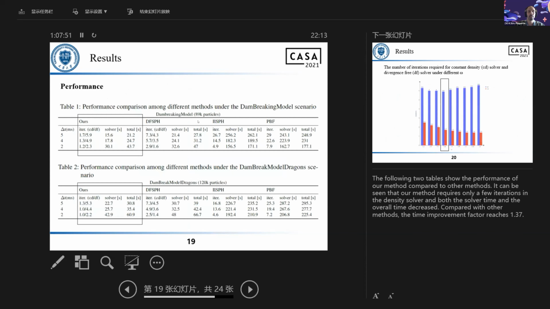The number of particles we tested is 120,000 particles.